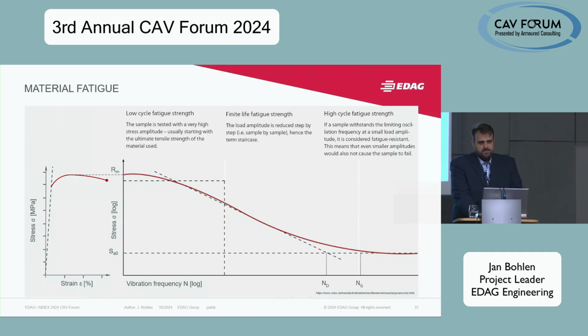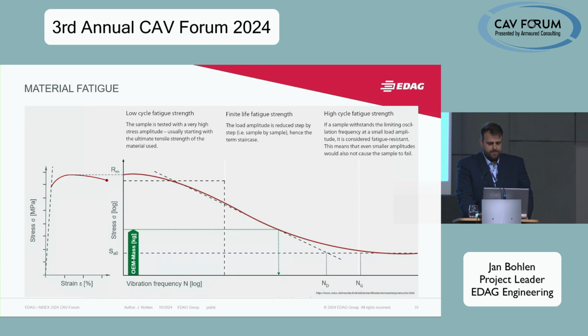Then we have something like this. It's called a Wöhler curve. It begins with the ultimate tensile strength of the material, and then the load that the material is able to withstand decreases with the number of loading cycles.